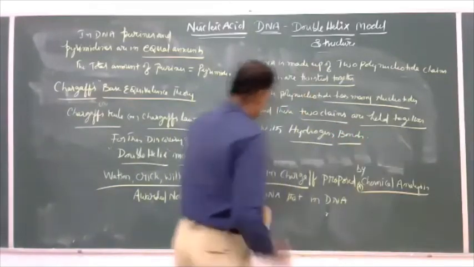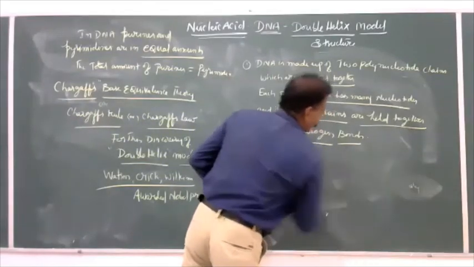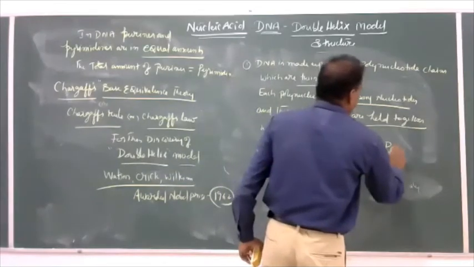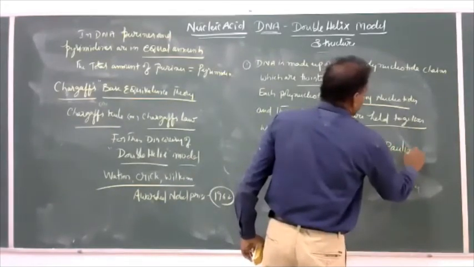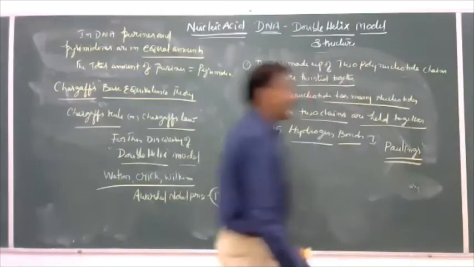So, hydrogen bonds between two polynucleotide chains were discovered by Pauling. Pauling's principle of hydrogen bonds, which hold them.